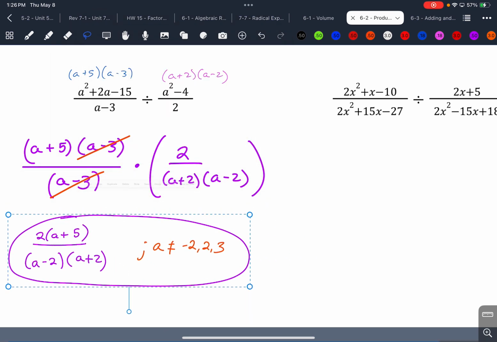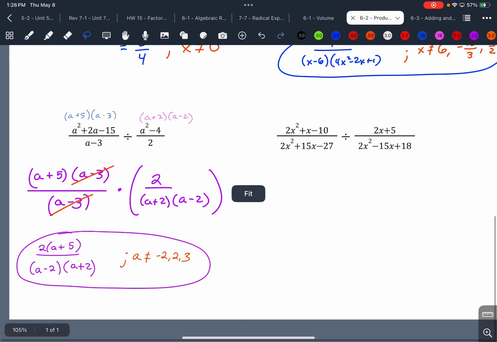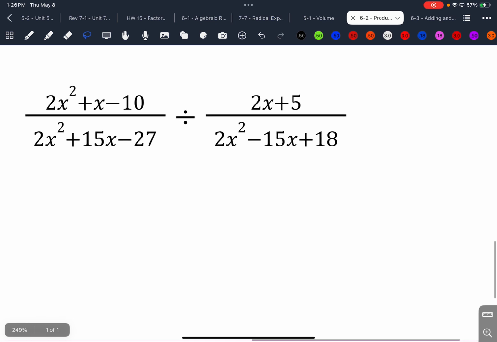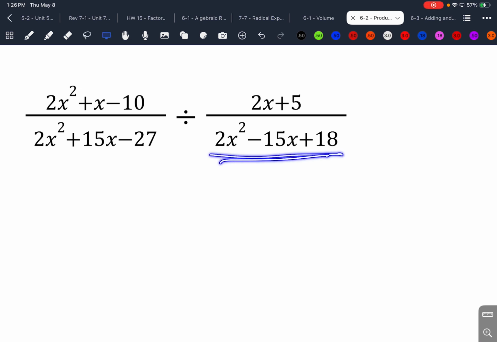And the last one, let's see, we've got a lot of factoring to do. River, will you factor this bottom one down here? Yeah. I'm gonna work on the other two.